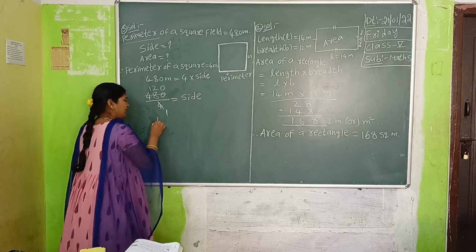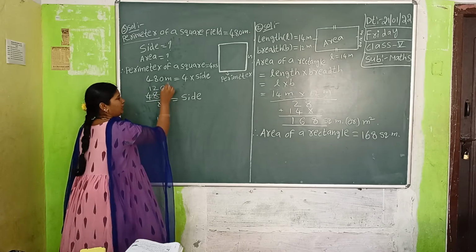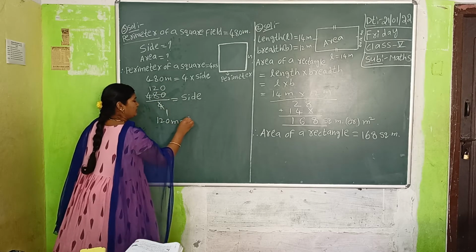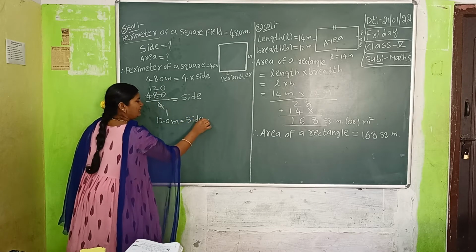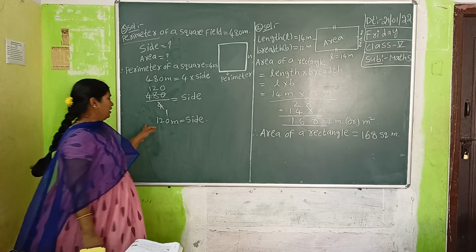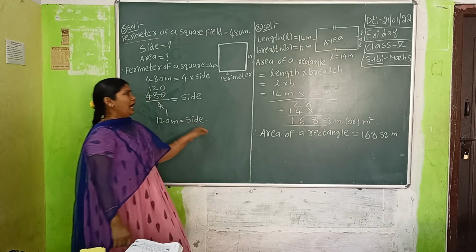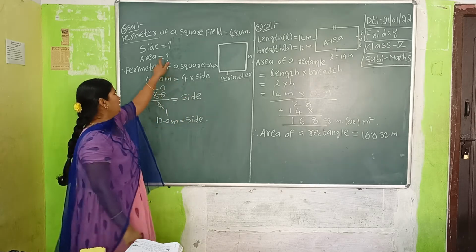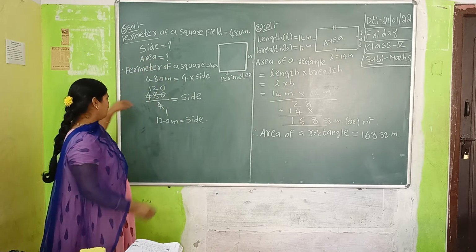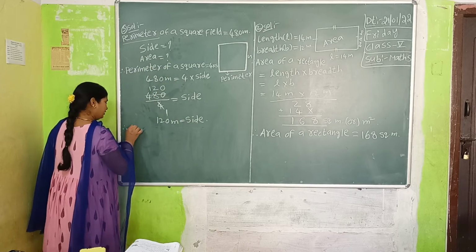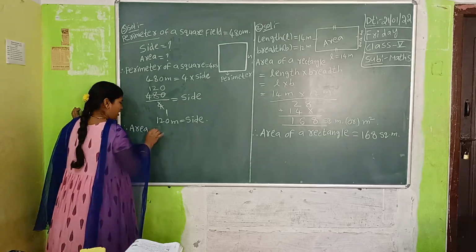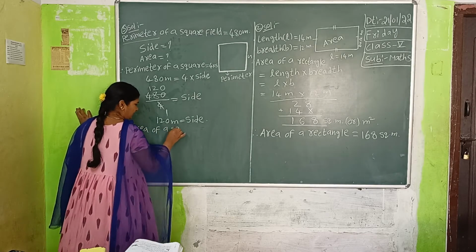Now what is the side here? 120 meters. What is this one side, children? 120 meters. Now using this side we have to find the area. Area also we want, side over. Therefore, area of a square.